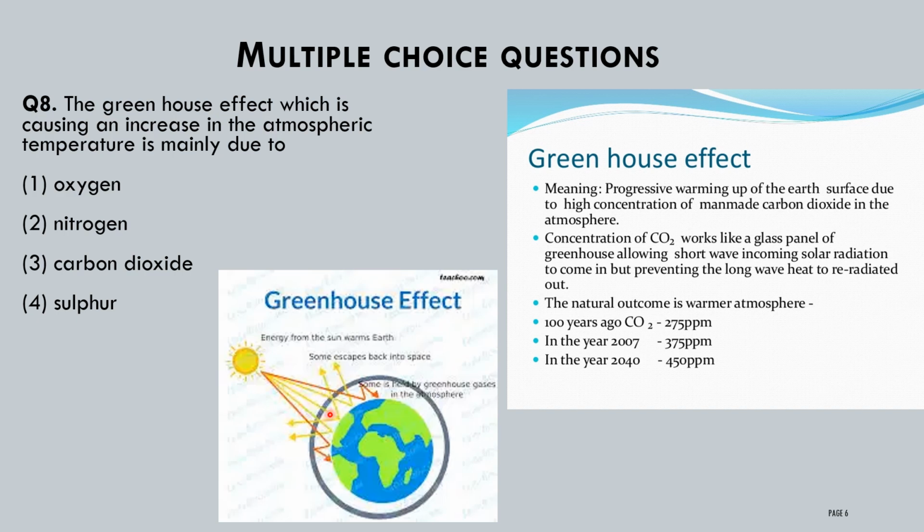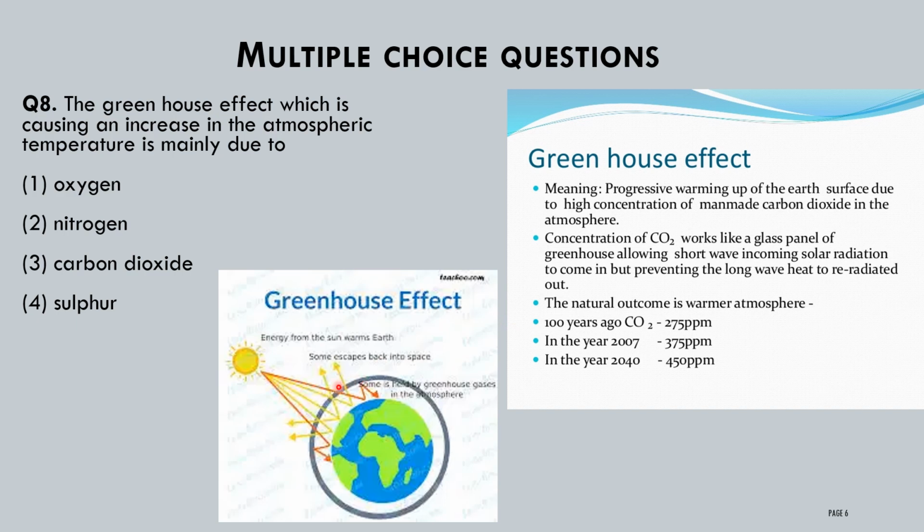Then how do these greenhouse gases, or carbon dioxide, increase the temperature of the earth? Let us discuss. Here the concentration of CO2 works like a glass panel of a greenhouse, allowing short wave incoming solar radiation to come in but preventing long wave heat re-radiation out.